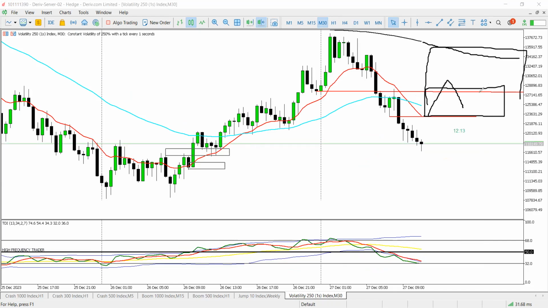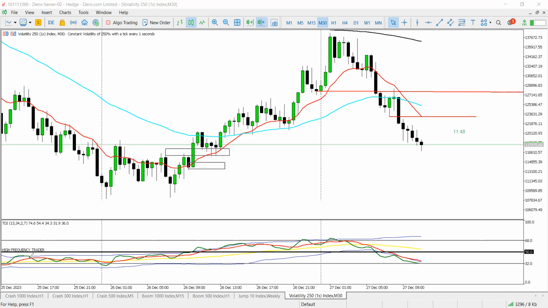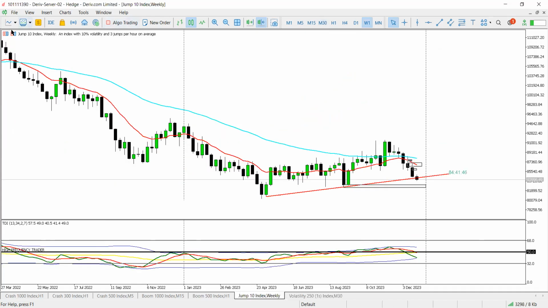I'm looking for an M pattern, a triple top type of pattern to show me that it's rejecting and it's coming down. So I'll keep an eye on this, but we definitely need a retracement. We cannot sell here because price can actually push up. So when price comes into our points of interest, I'll advise and we'll take the trade on V250 1s.